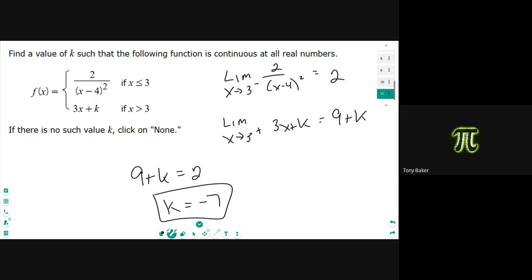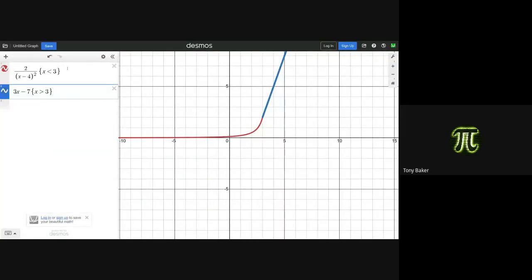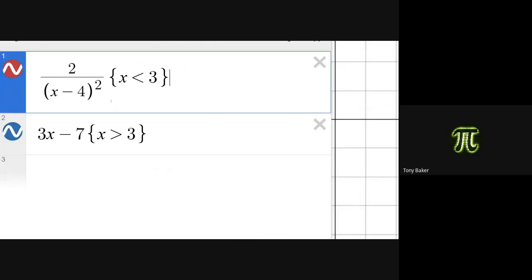All right. If you want to verify this to make sure that it works, you can use Desmos for that. To do a piecewise function on Desmos, you write it like this. You write your function, and you put those little curly brackets around what the domain is. So the first one was x is less than 3.